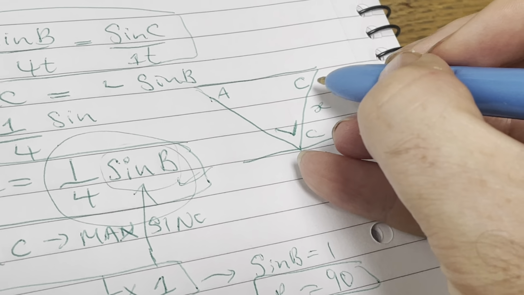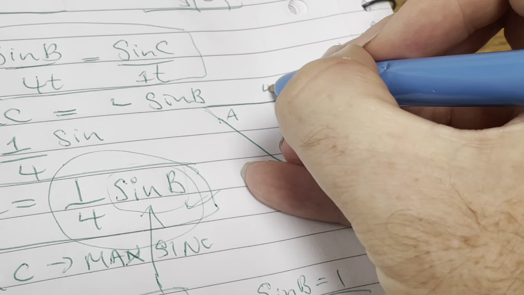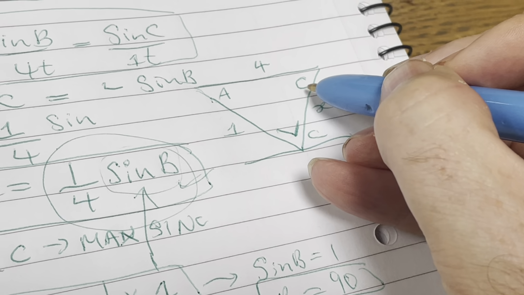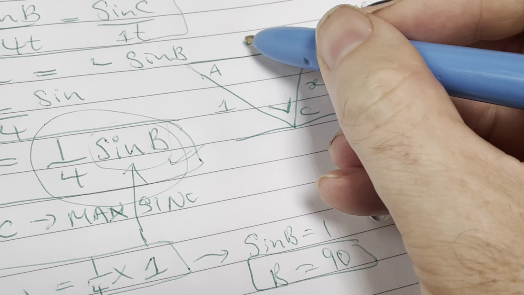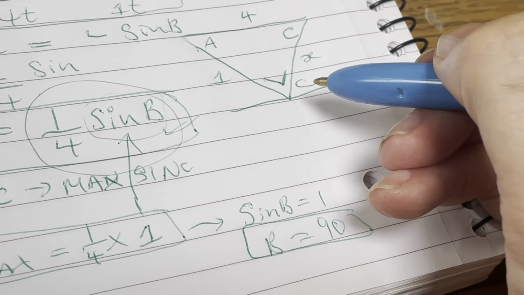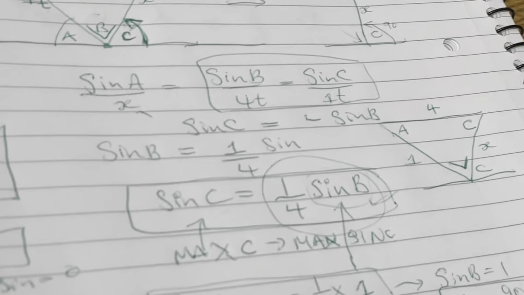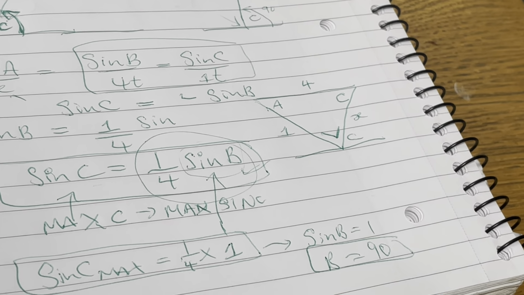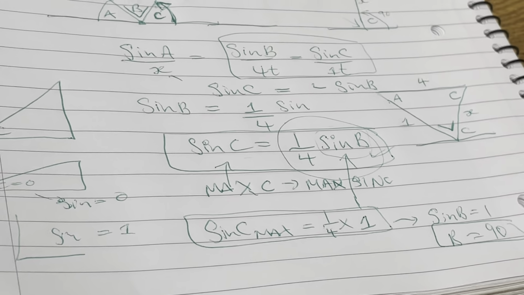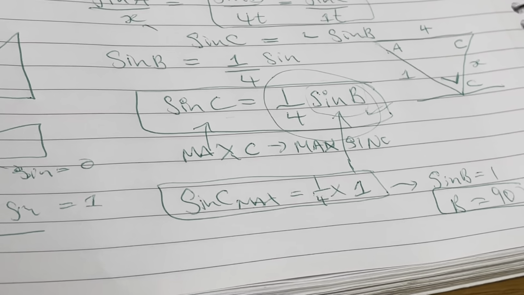So we now have C here. We now know that this is 4 and that is 1. So sine C max is equal to a quarter. That gives us the right angle for C so that our distance is minimized.